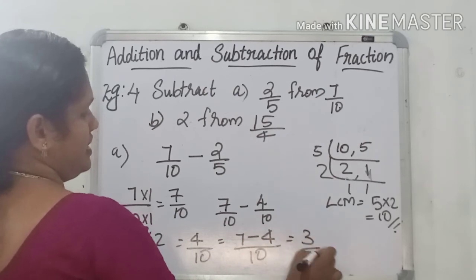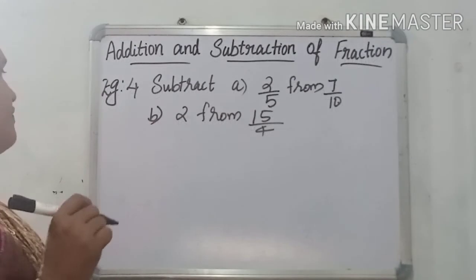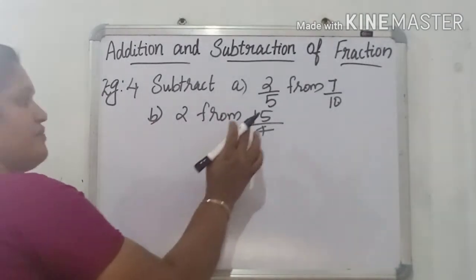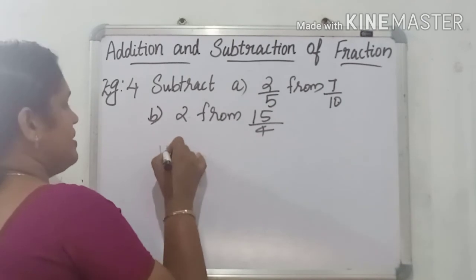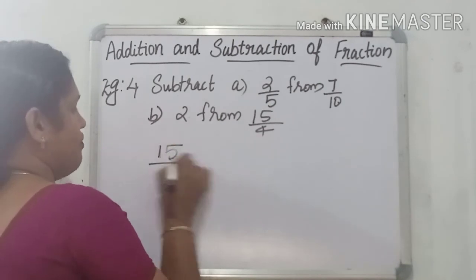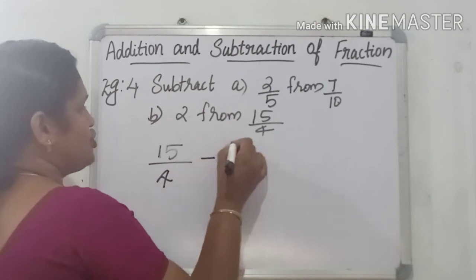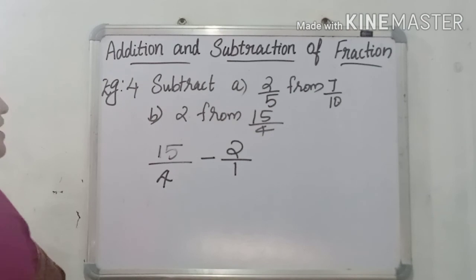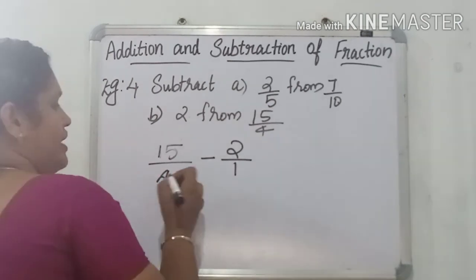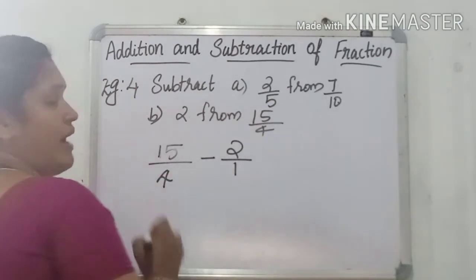3 by 10. B. 2 from 15 by 4. We can write 15 by 4 minus 2 by 1. 2 equals 2 by 1. Then we have to find the LCM of 1 and 4.